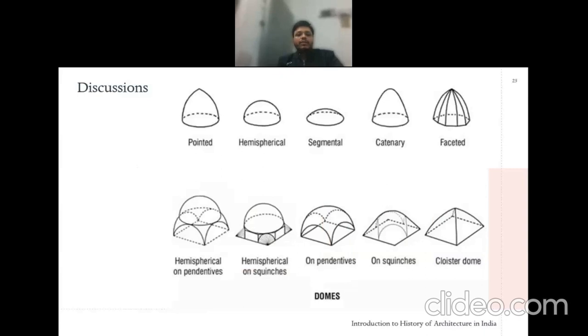There are various types of dome like pointed dome, hemispherical dome, segmental dome, catenary dome, faceted dome, hemispherical on pendentives, hemispherical on squinches. Again, these corner portions are called the squinches or pendentives, then a dome resting only on squinches, or the cloister dome.